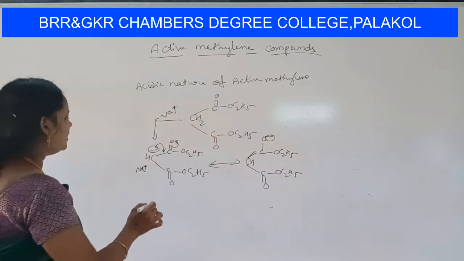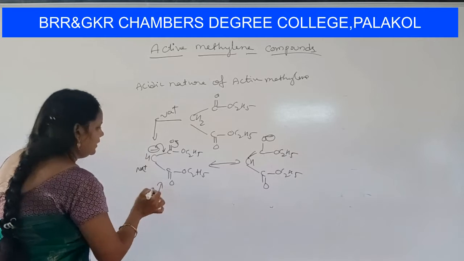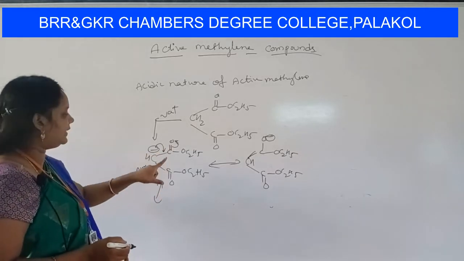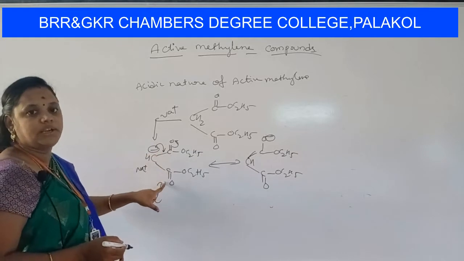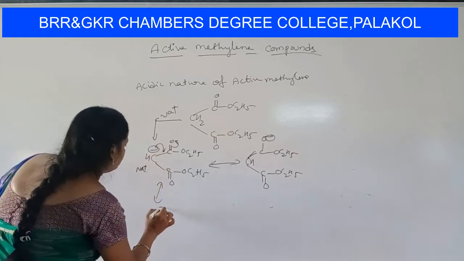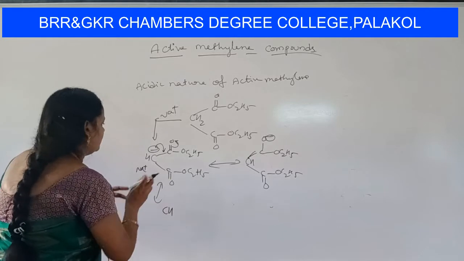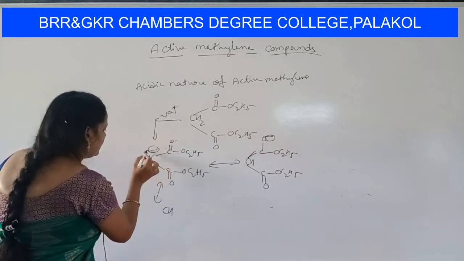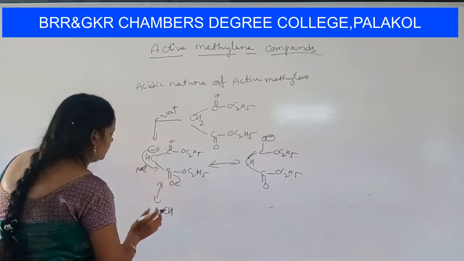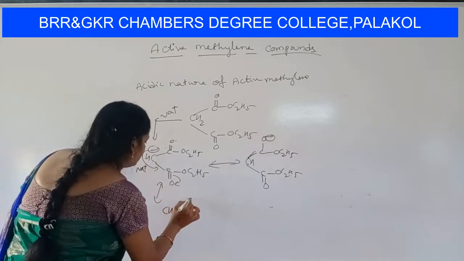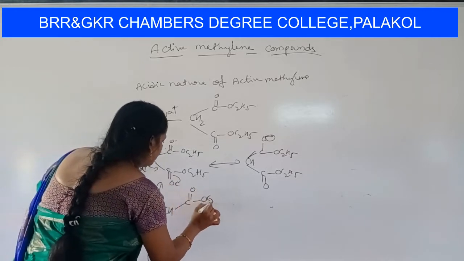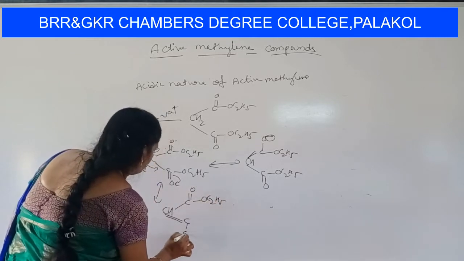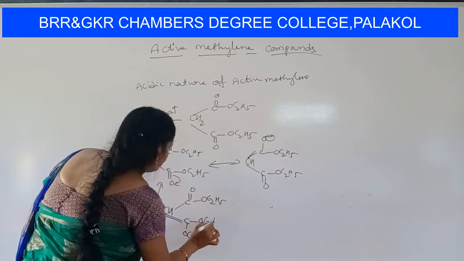Okay? And we can also write the resonating structure using the other ester group. If you polarize this side, right? Minus charge here and C=O. So you will get CH, C=O OC2H5, and here CH=C O- OC2H5.